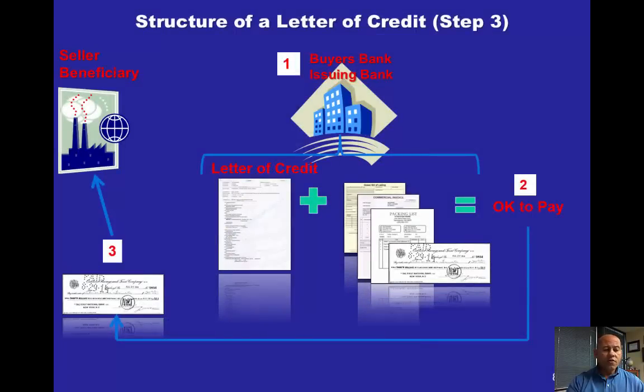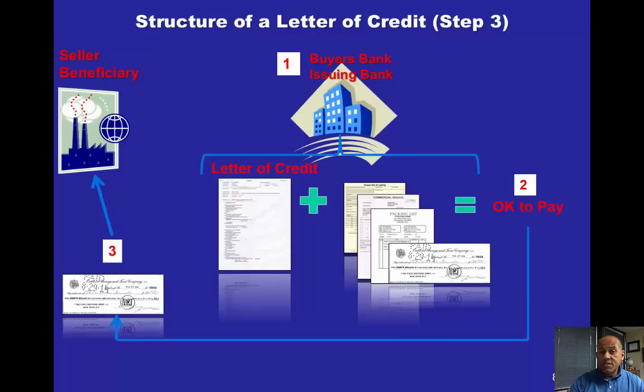So if we look at the overall structure of a letter of credit, we have the seller. The seller generates the draft according to the letter of credit, as well as the rest of the documents. So they're going to comply with all the dates, terms, and conditions. In other words, if the buyer is requiring a certificate of origin, inspection certificate, whatever is required, they will include all of those documents within the document set.